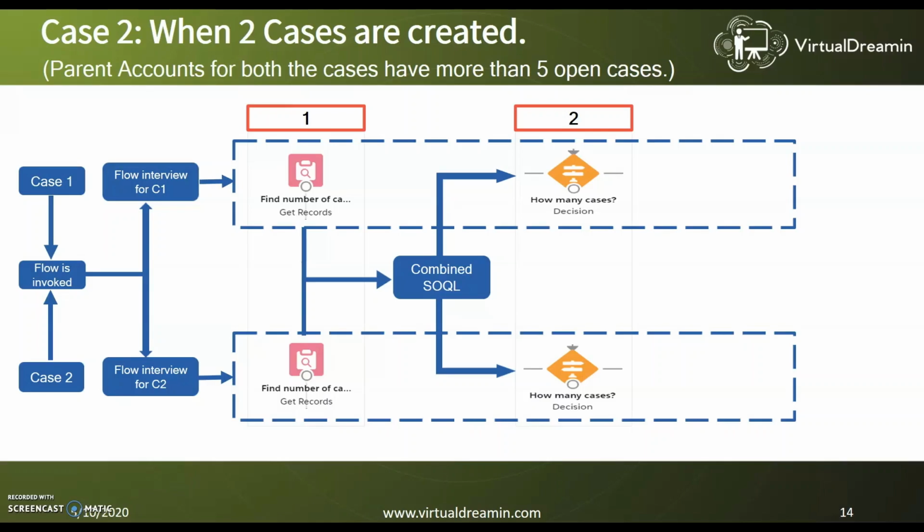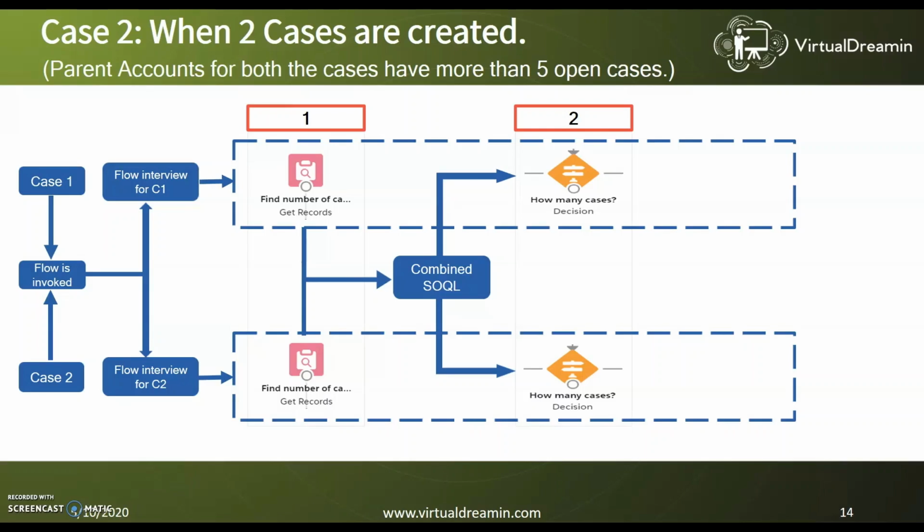So these 2 queries are not going to be counted as 2 SOQL queries in the whole transaction, but just one query, because the flow builder takes care of it. We don't really have to think about how it does it, because nobody knows exactly how it's done other than Salesforce, the people who built this platform.